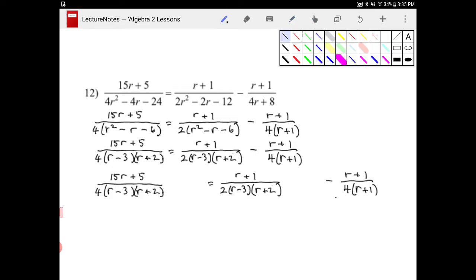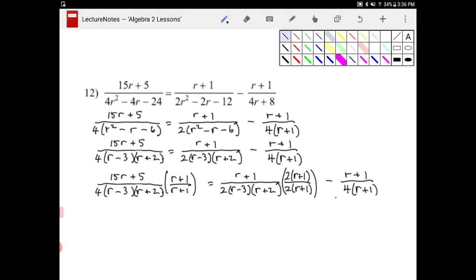So it looks like I am missing an r plus 1 over r plus 1. It looks like I am missing a 2 times r plus 1 over 2 times r plus 1.